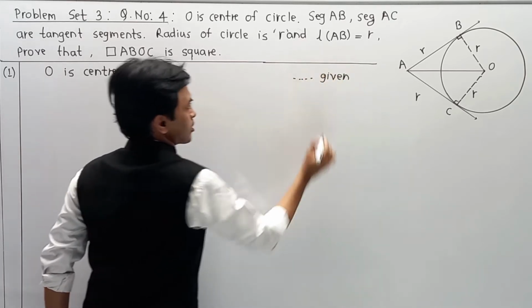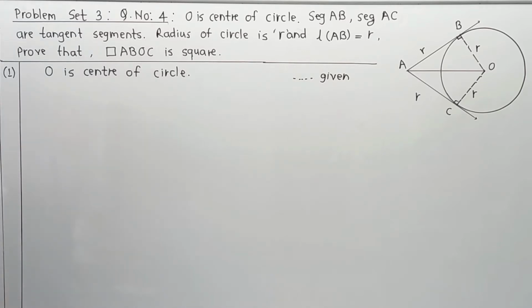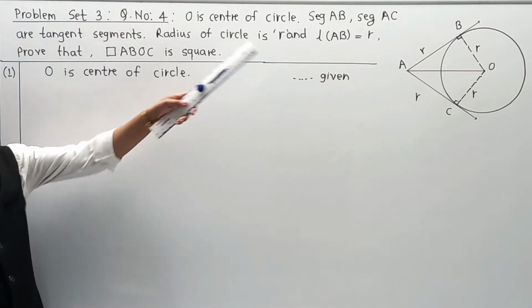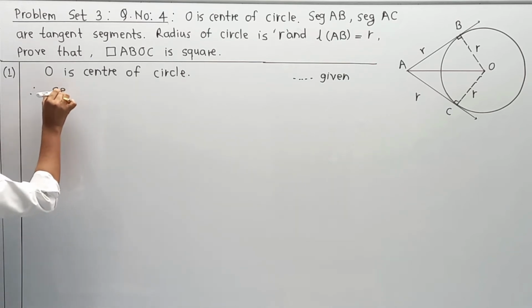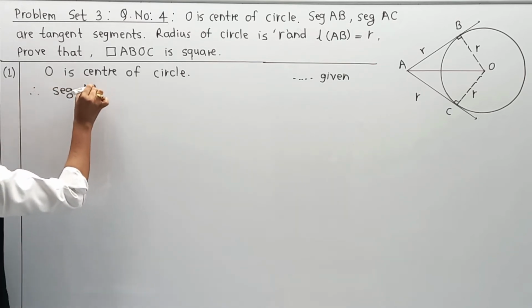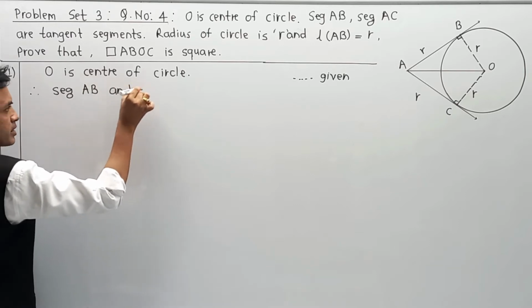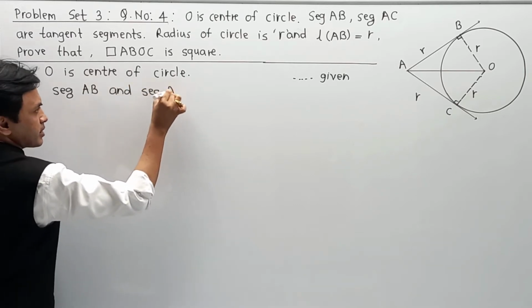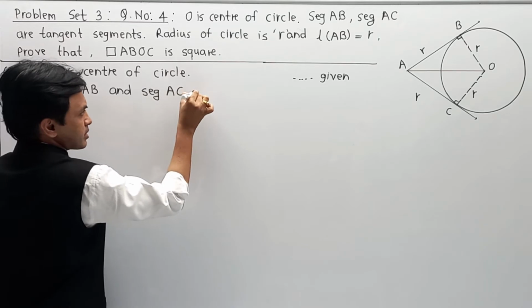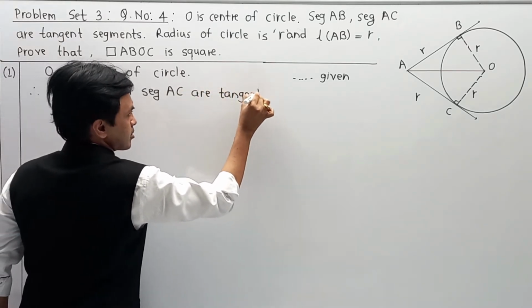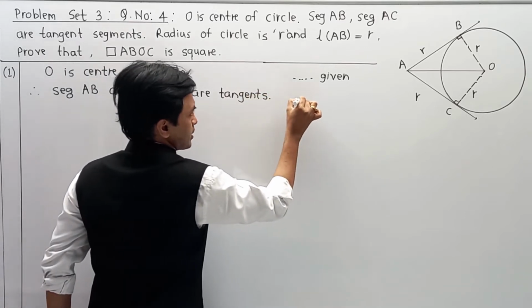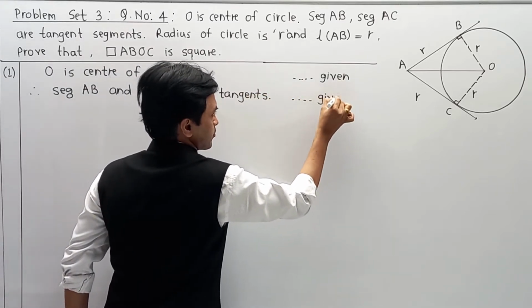Next, segment AB and segment AC are tangents. It is also given by them, so I am going to write it as given.